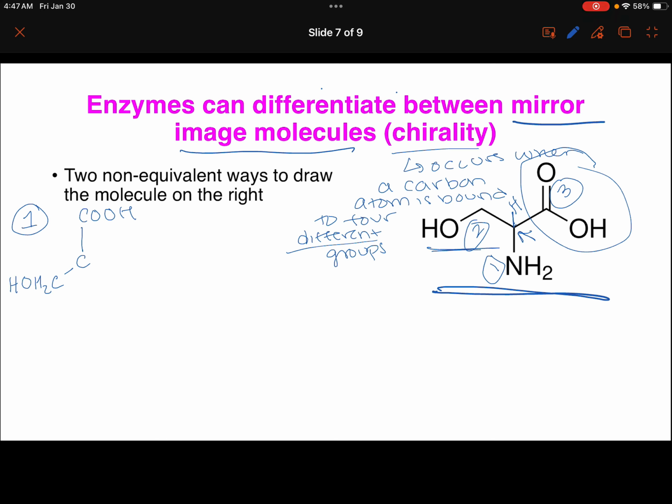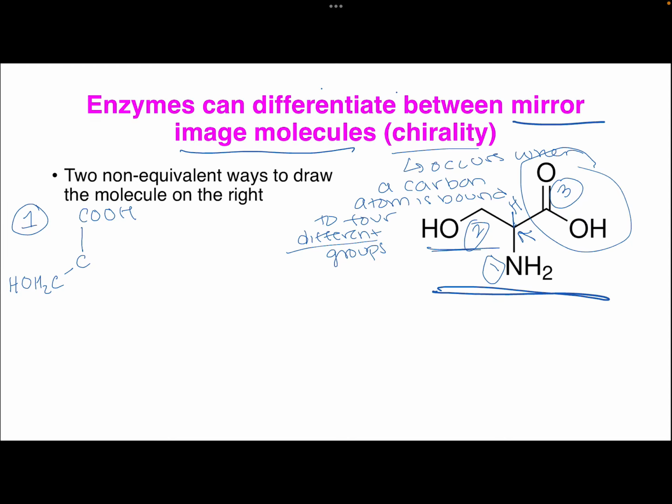Right? And then we're going to put our NH2 coming out of the page and our hydrogen going into the page. All right, so that's one way to draw this.